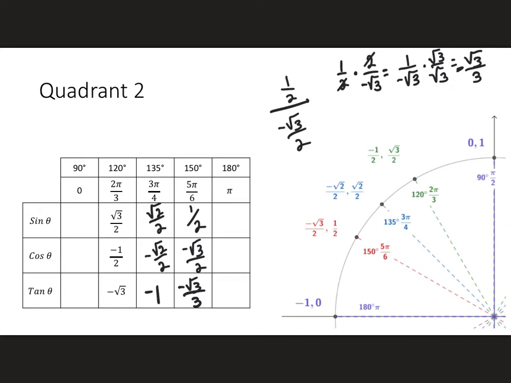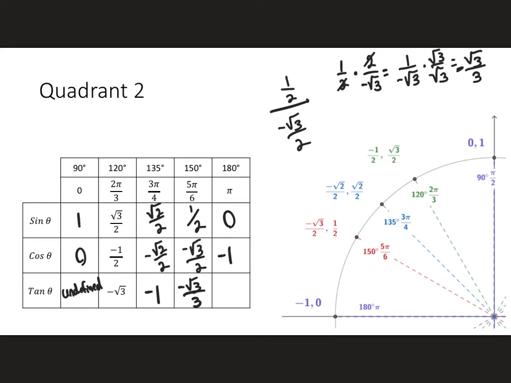For our 90-degree angle, we already did this. The y value is 1, so that's the sine. The x value is 0, that's the cosine. And then the tangent will be 1 over 0, which is undefined. And for 180 degrees, or pi radians, the y value is 0, the x value is negative 1.